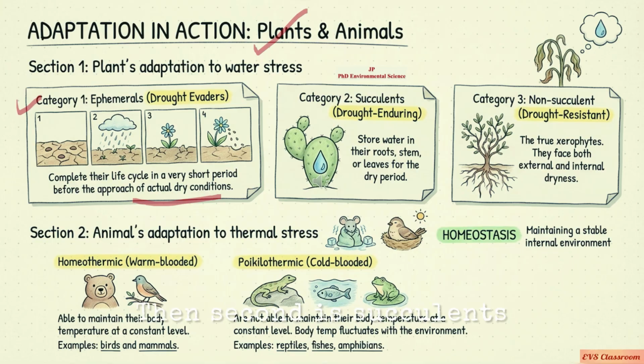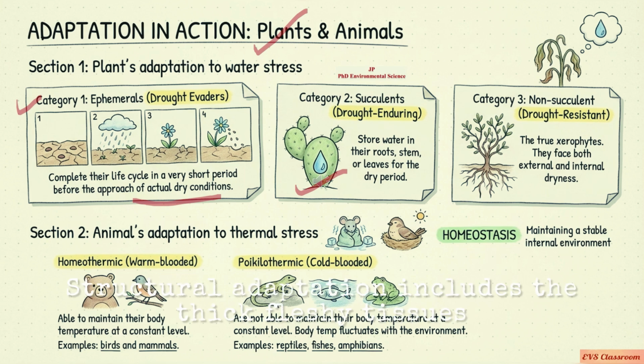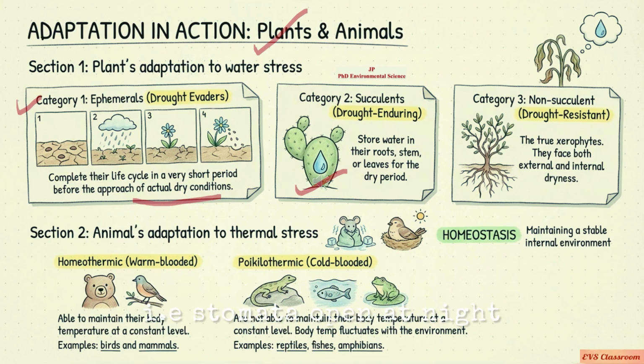Second is succulents. Succulents are plants that store water in their thick leaves, stems, or roots. They survive long dry periods using the stored water. Structural adaptation includes thick fleshy tissues. Physiological adaptation includes CAM photosynthesis, that is, stomata open at night. Examples include cactus, aloe vera, agave.